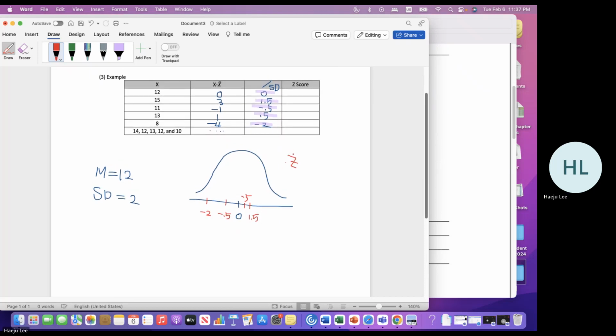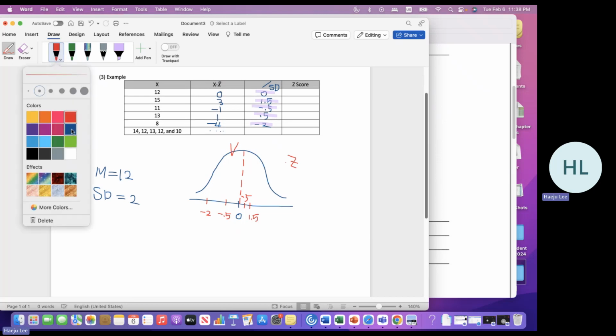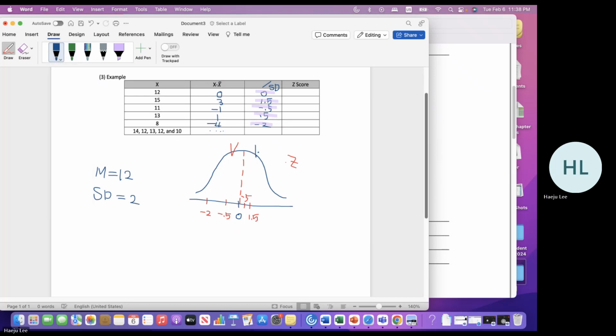Actually, the G distribution has two parts. One part is this side, which is the left side from the mean, and the other part is the right side from the mean.